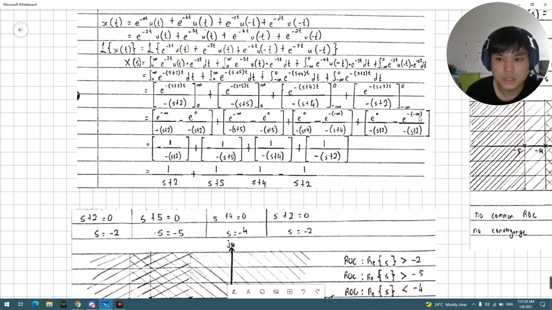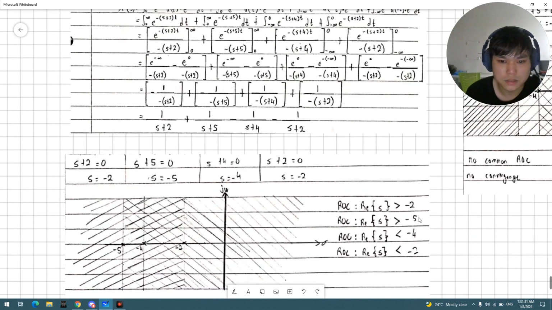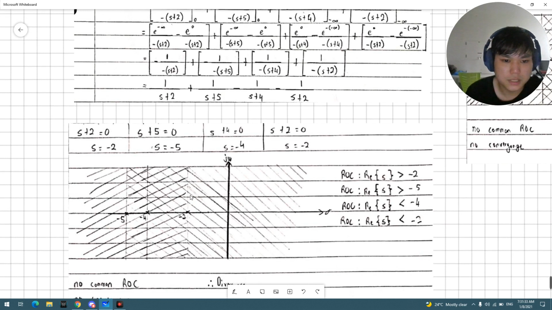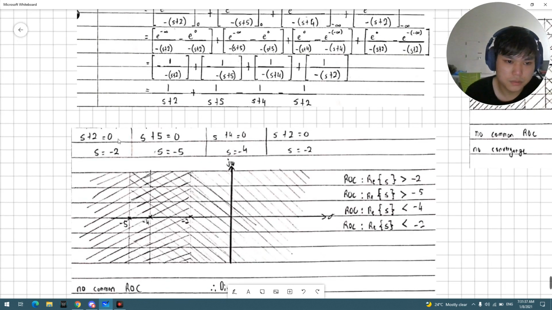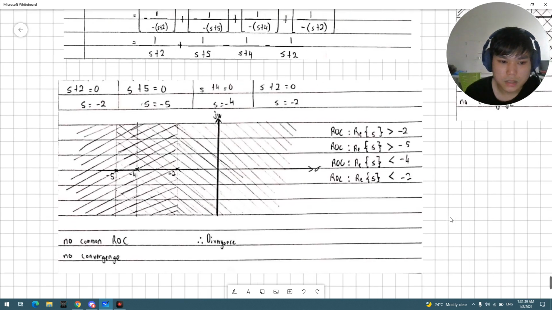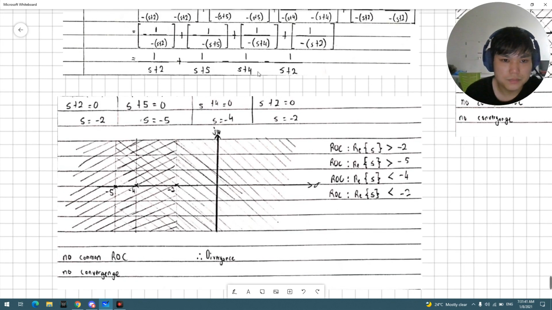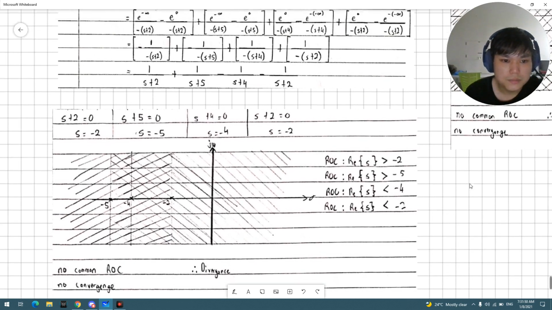When it's negative, t is less than. So we can check whether it goes to the right or to the left. In this question, with my matrix number, I found that this function has no common ROC. It does not converge. It's a divergence.